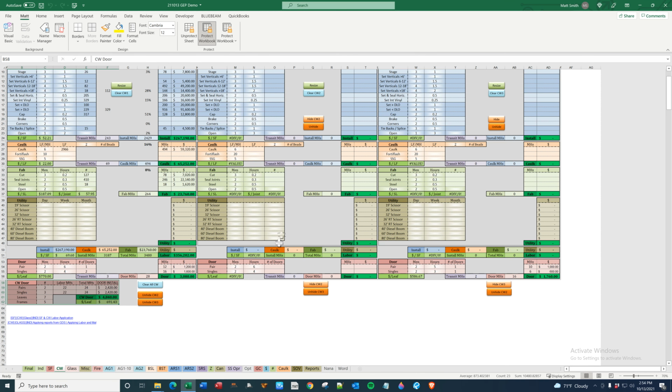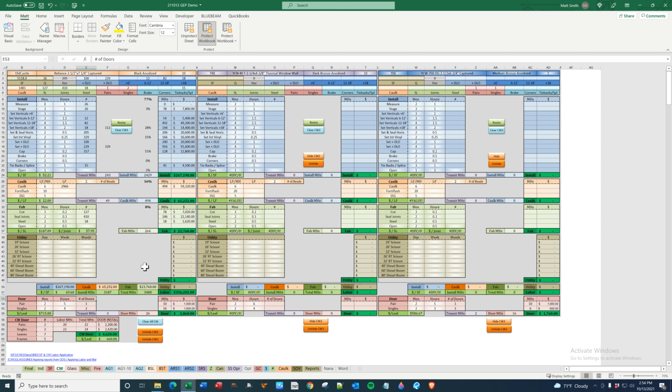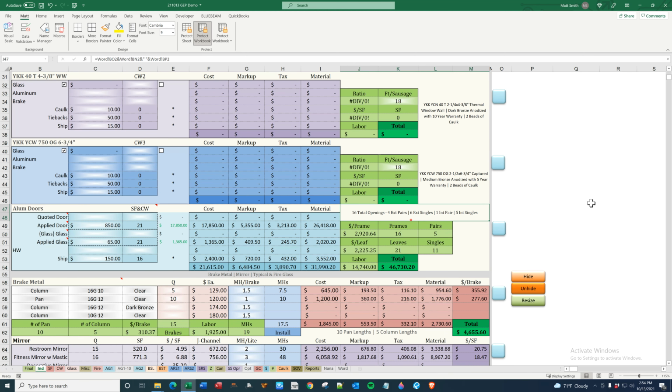On any given pane, you can figure a variation of man and hours to be applied to the doors. This is exterior, this is exterior, this is interior. That is how you establish this here. I just realized I went over that at the beginning of the video.